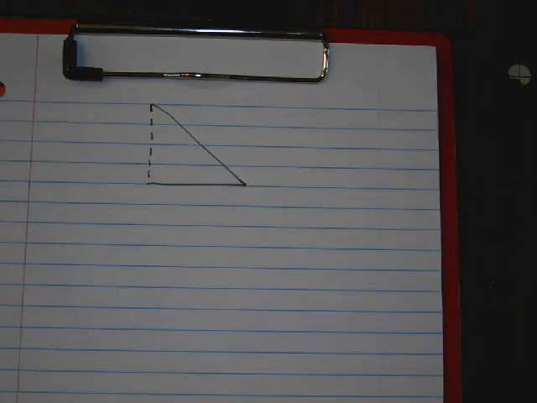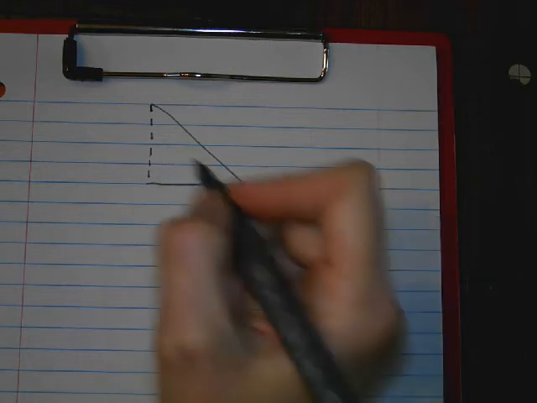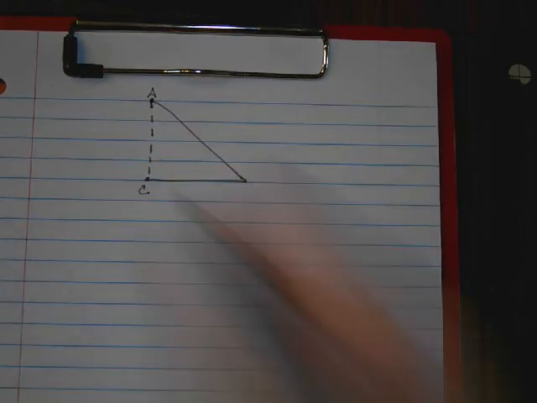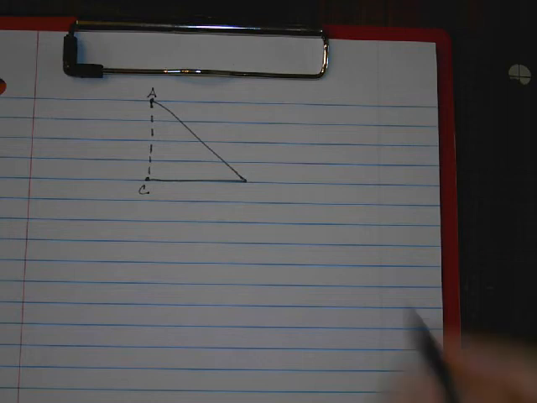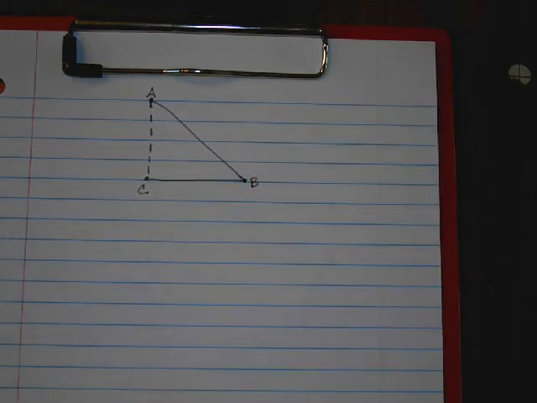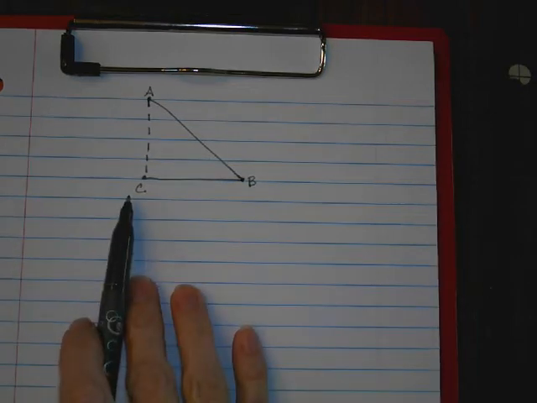For this story problem, we're talking about a gorge somewhere out in the world. In this gorge, this point right here is point A, this point down here is point C, and this point down here is point B. C is always located at the right angle, and in your pictures you should be able to quickly identify where the right angle is.